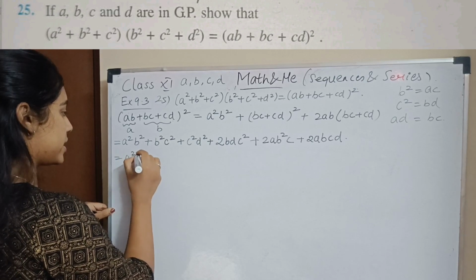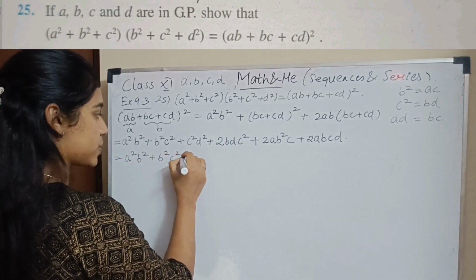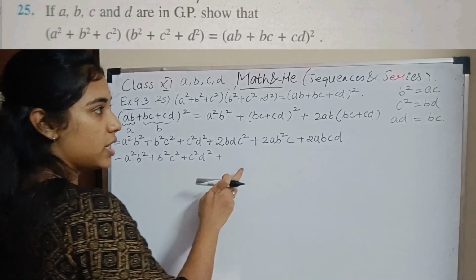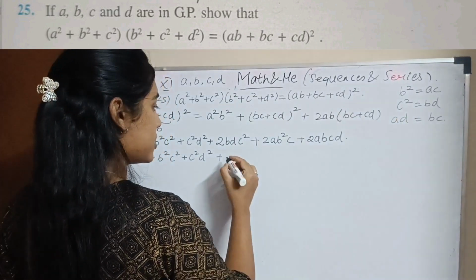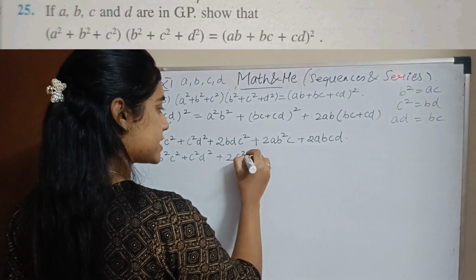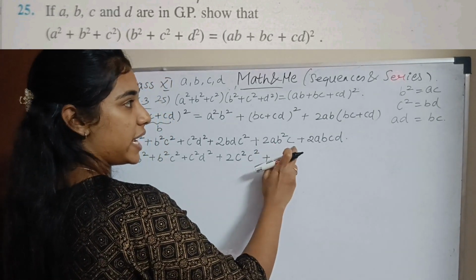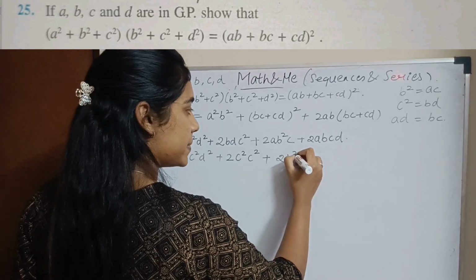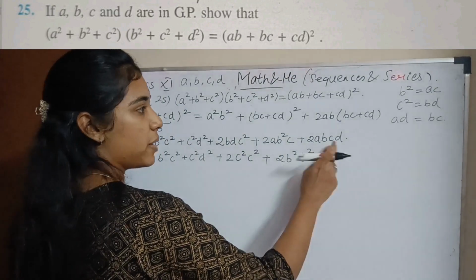So I have A square B square plus B square C square plus C square D square plus, what is my BD? I can also write it as C square. So let me write it as 2C square C square plus, what is my AC? It's B square. So I write 2B square B square plus, what is my 2ABCD?